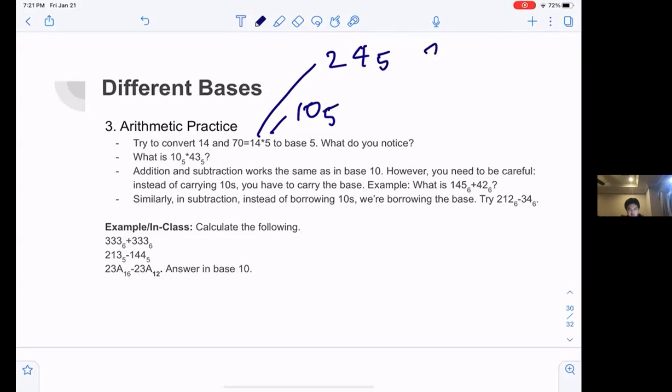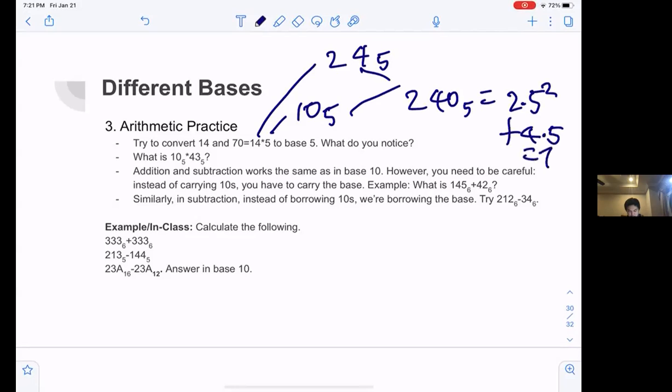Well, what's 24 times 10 in base 5? This is really just 240. I don't know why I wrote that. It's just 240. This plus that is equal to our desired answer, 70.